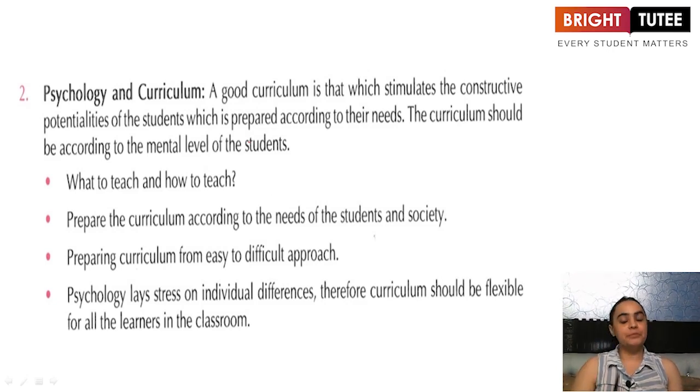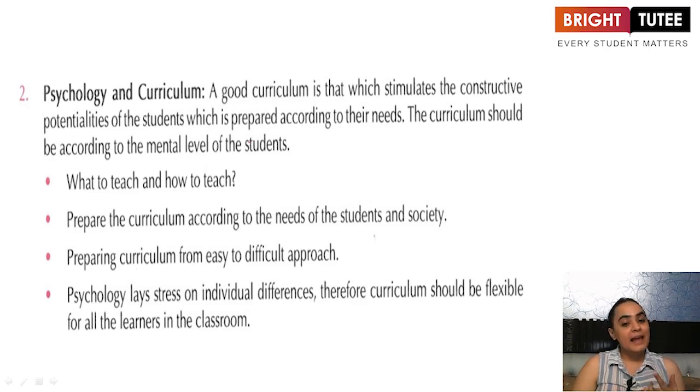A good curriculum is going to ensure that the personalities of the students are groomed in a constructive manner, and that a child gets everything according to his or her needs. And therefore, a curriculum should decide what is to be taught and how it is to be taught to the students so that it can be most effective.